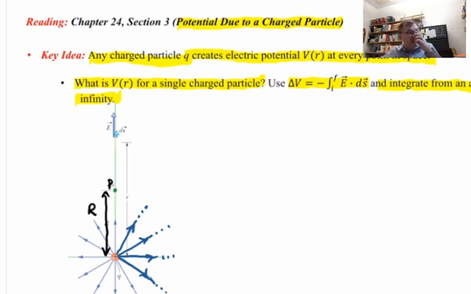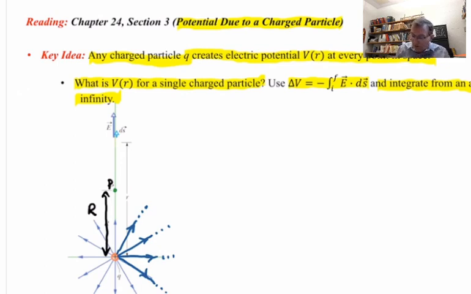And then we're all going to agree that for a single charged particle like this, we will assign the value of the electric potential at an infinite distance from the charge the value of 0. If you're infinitely far away from this charged particle, we will by definition say the electric potential due to that particle is 0 because you're infinitely far away.